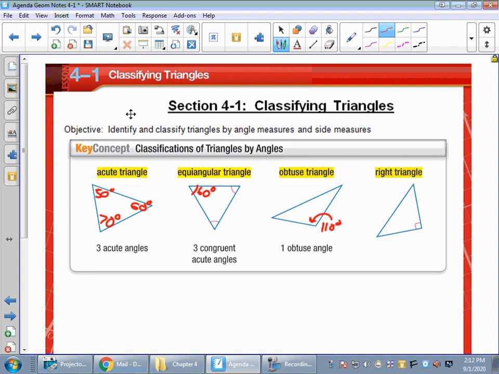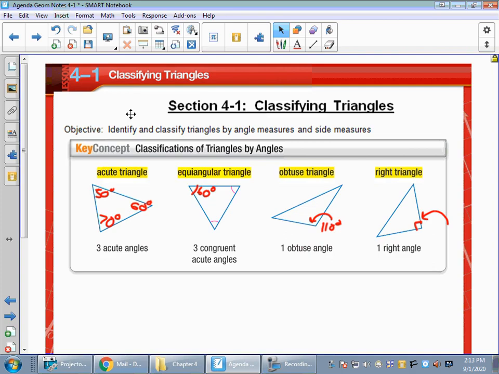And then your right triangle is going to have exactly 1 right angle. You've got the box here, so make sure your example has that in that angle right there. So that is the 4 ways in which we can classify them by their angles.